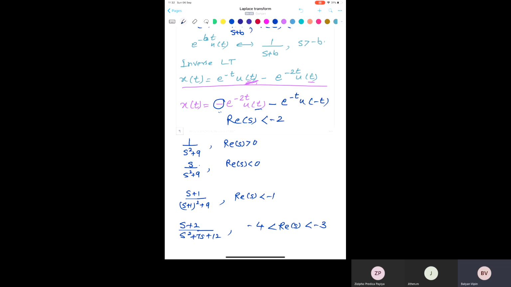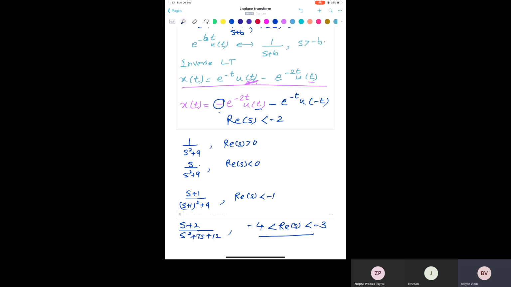Here the region of convergence is greater than 0, it is less than 0. This is s plus 1 upon s plus 1 whole square plus 9. And this one is s plus 2 divided by s square plus 7s plus 12, and the region of convergence is between minus 4 and minus 3.